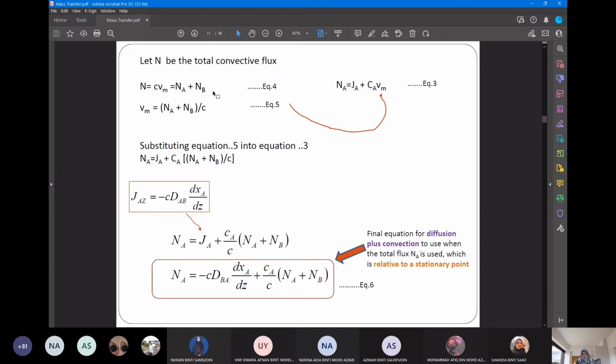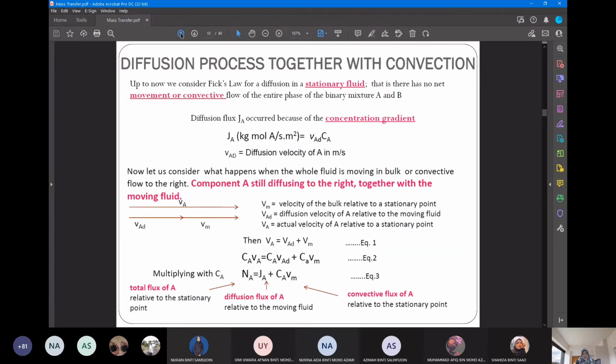So when you have this formula, you can just go back here. Remember, we are talking about a mixture of A and B just now. Fick's law, remember, only refers to the stationary flux, but when you talk about diffusion with convection, you are dealing with net movement or convective flow of the entire phase of binary A and B. So you talk about both of them at the same time.